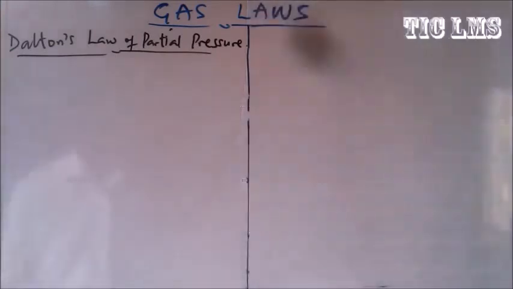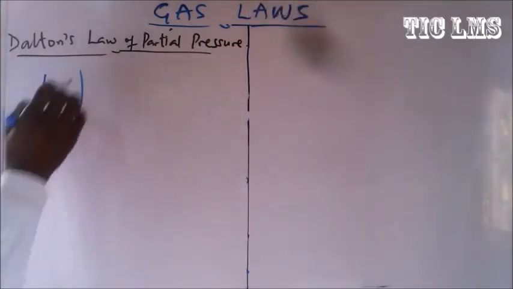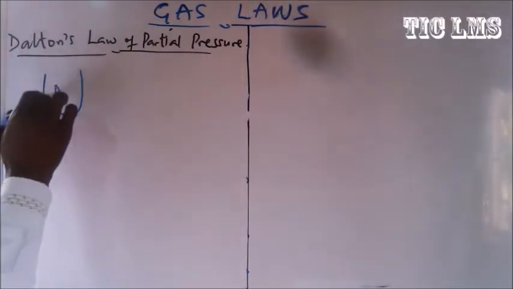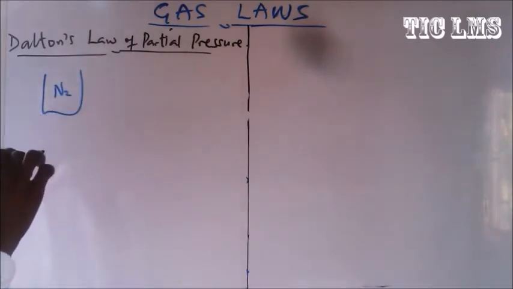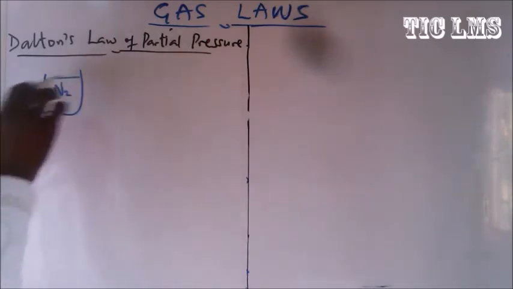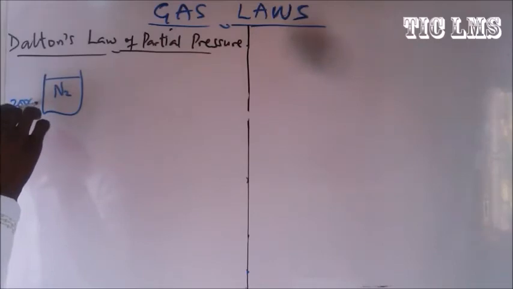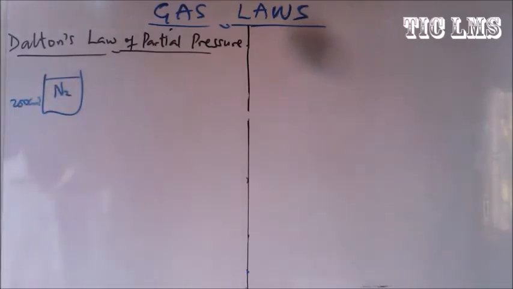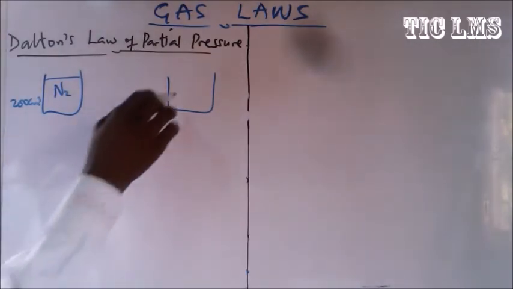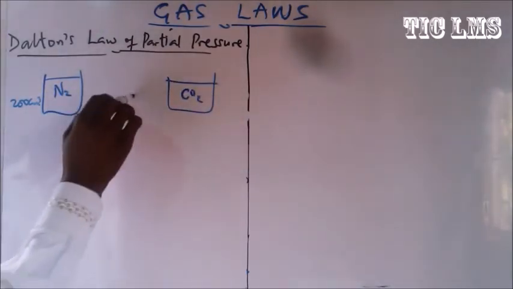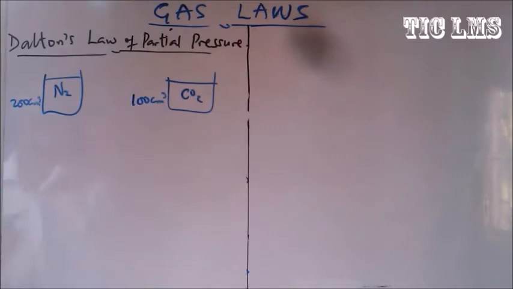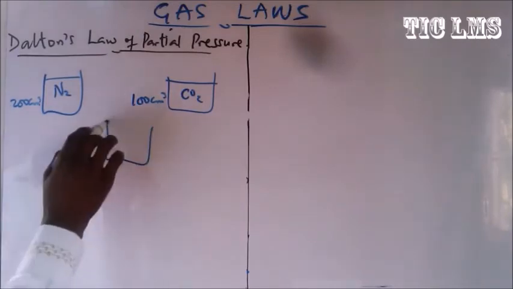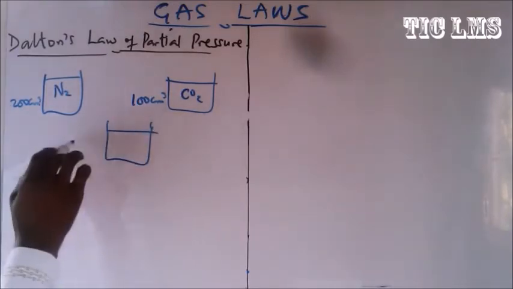Now, we have a container which contains nitrogen gas, and the volume of the gas is 200 cm cubed. And then we have another gas which is CO2 inside the container, and it is 100 cm cubed. Now both of them were introduced into a vessel which is 150 cm cubed.